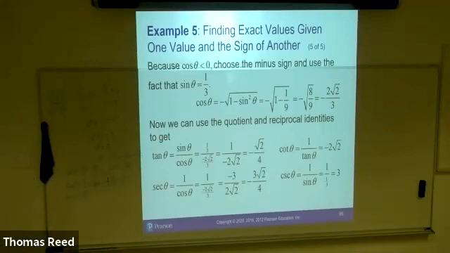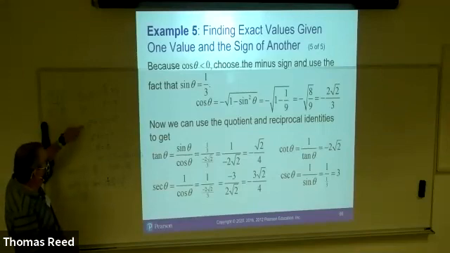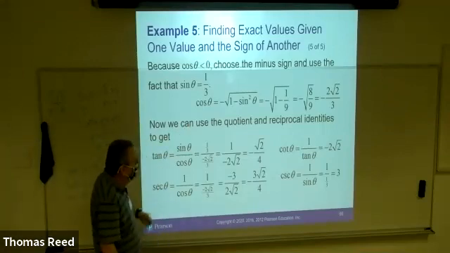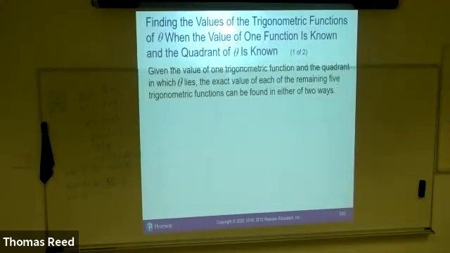But going back to this, you still end up using a Pythagorean identity, but using x squared, y squared, and r in place of the fractions for x, y, and r. Okay.